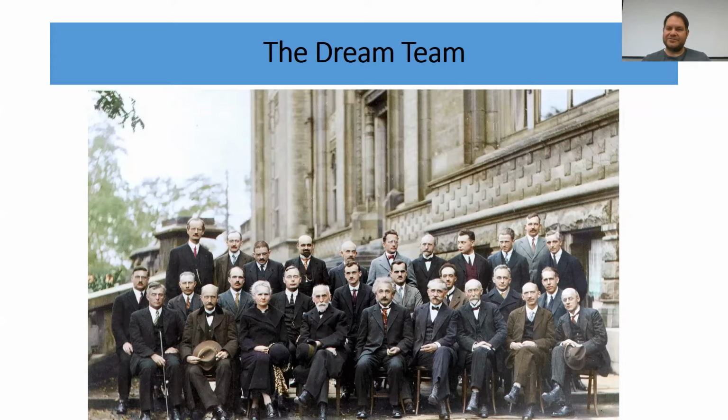I like to call it the dream team because these are some of the major players that led to the modern development of atomic structure, atomic theory, as well as the periodic table. So in this unit, we're going to take a historical approach to the discoveries and the experiments that were conducted in order to establish the modern structure of the periodic table and the atom, and essentially the atomic theory.